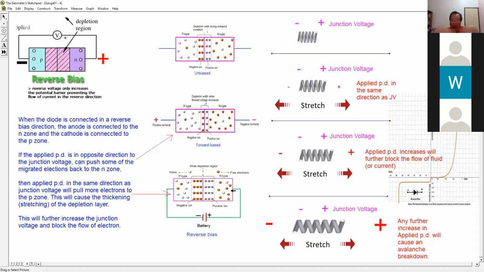As a result, once it's destroyed, the current can flow through. If it's around 60 to 70 volts in the reverse direction, then the current can flow through. But by that time, that PN diode is useless already.